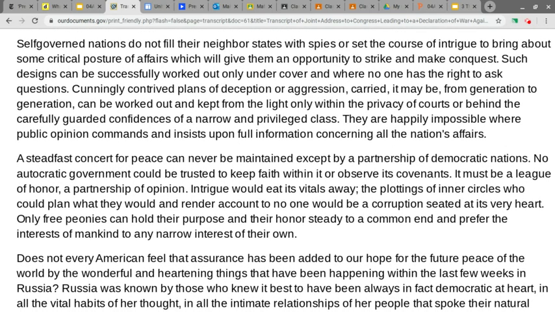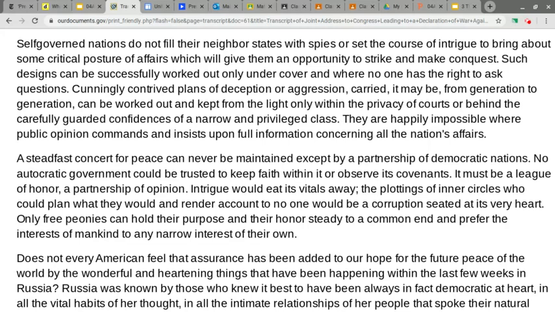Self governed nations do not fill their neighbor states with spies or set the course of intrigue to bring about some critical posture of affairs which will give them an opportunity to strike and make conquest. Such designs can be successfully worked out only under cover and where no one has the right to ask questions.